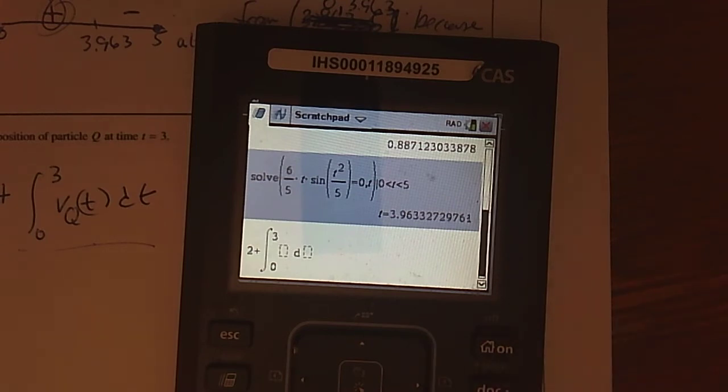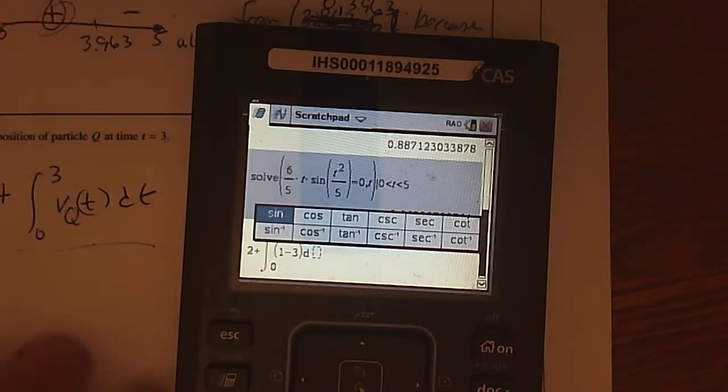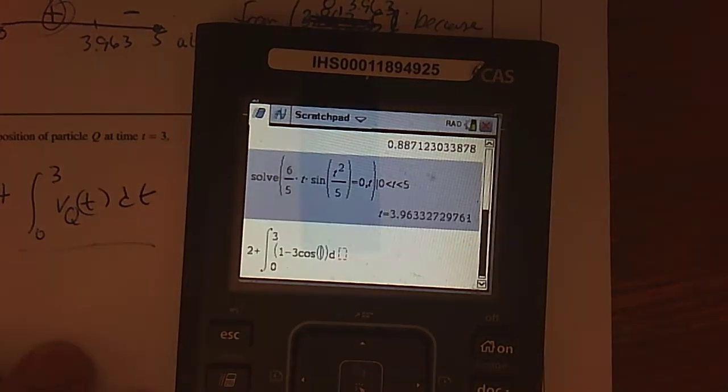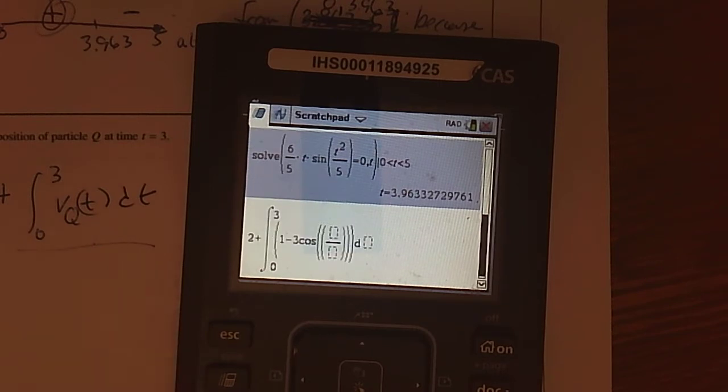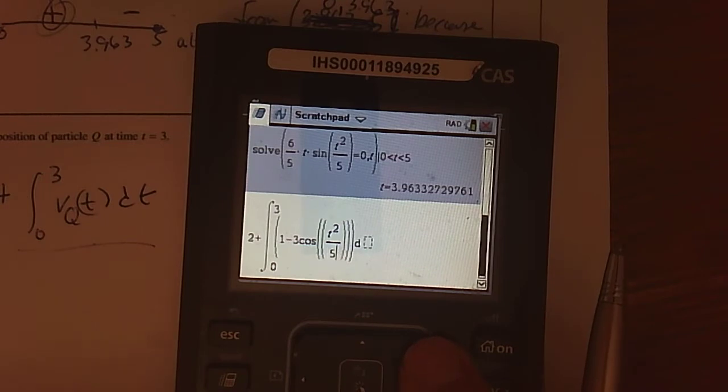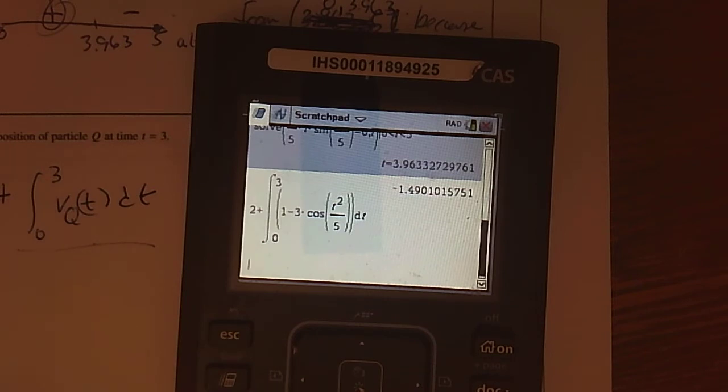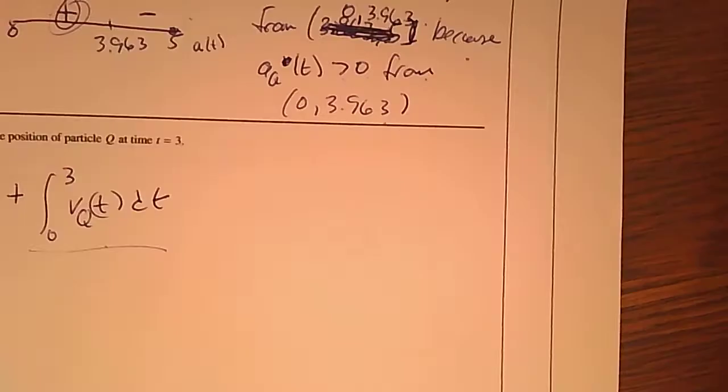And then I'm integrating the velocity, which is 1 subtract 3 cosine, parentheses, t squared over 5. I always double check, did I type it in correctly? So 1 subtract 3 cosine, t squared over 5, 0 to 3, and then control enter, and that tells me the position of the particle. So it's at negative 1.490.